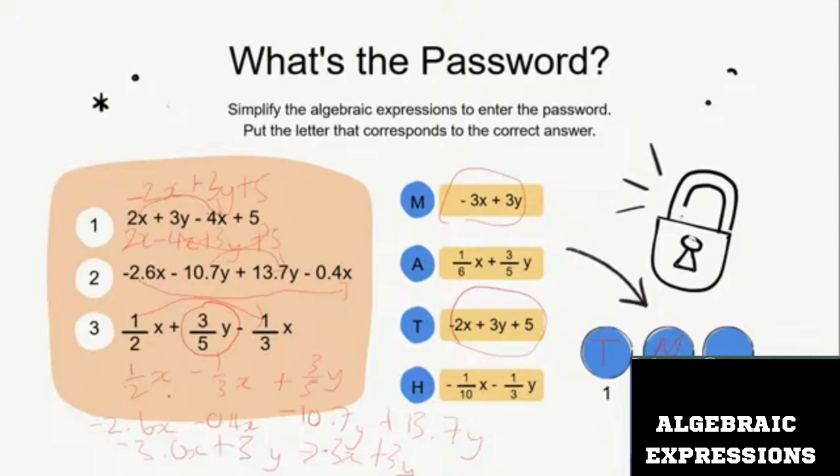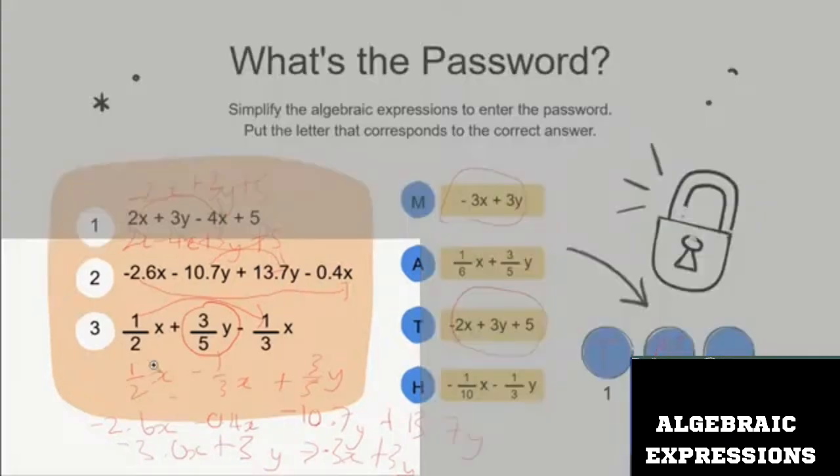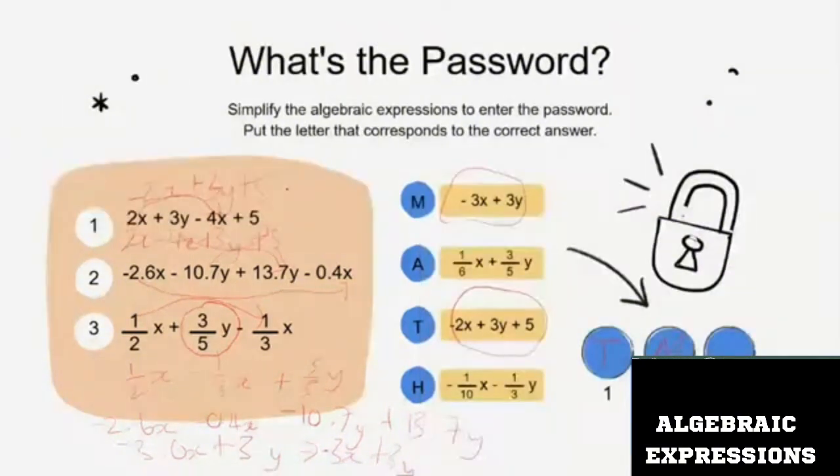Okay, so the lowest common multiple of this 2 and this 3, very simple. Lowest common multiple of 2 and 3 is 6. So we're going to multiply both of them to get 6.